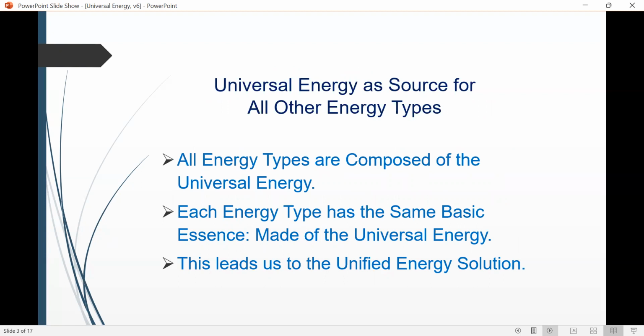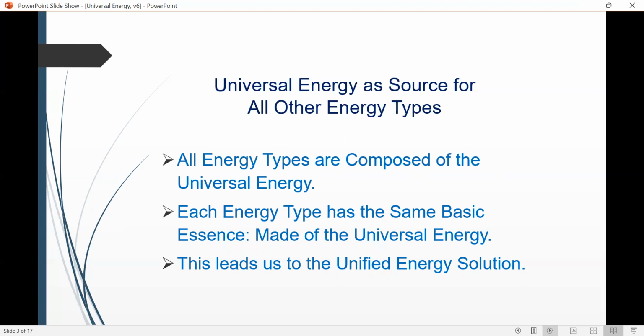Now let's talk about the universal energy with the other types of energies, okay? All of the specific types of energies are composed of the universal energy. So what happens is we have the universal energy and it's divided into different packets in different ways.